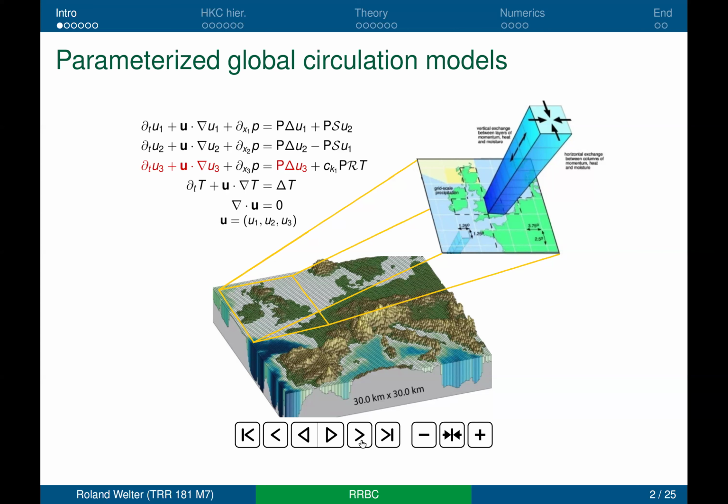And so they just throw these terms away. This is what they call approximate hydrostatic balance. While these terms may be small, it's of course not truly accurate to just throw them away.